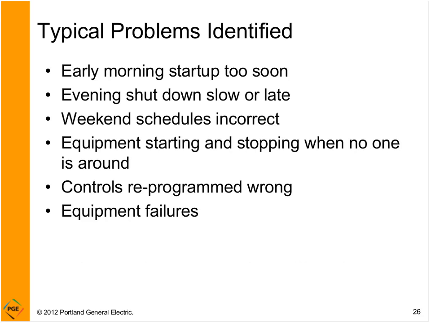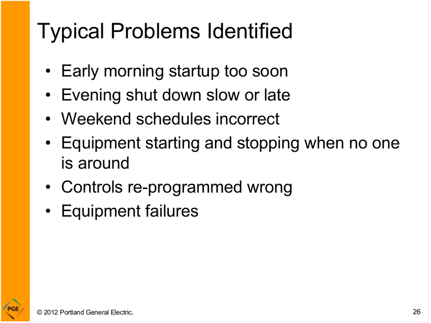So once you now have an idea of how much energy you use and at what times, some typical things you can find once you have interval data are, we find these are probably the most typical ones. Start times in buildings are usually too soon. Evening shutdowns are usually slow or late.